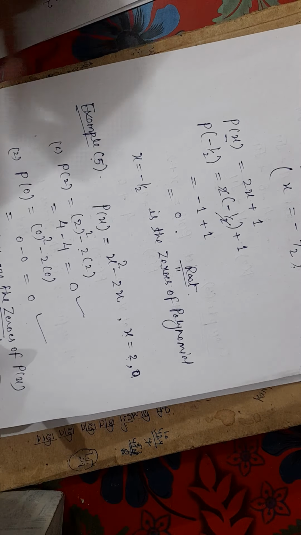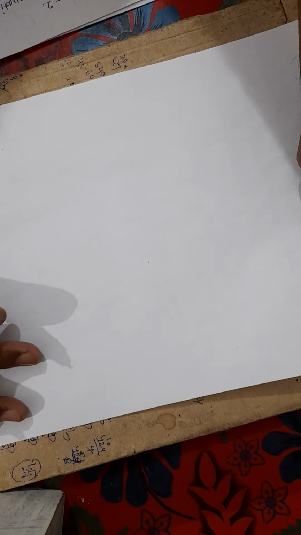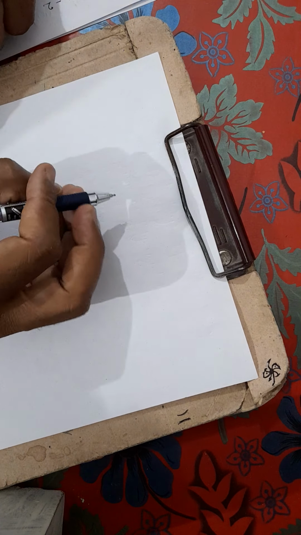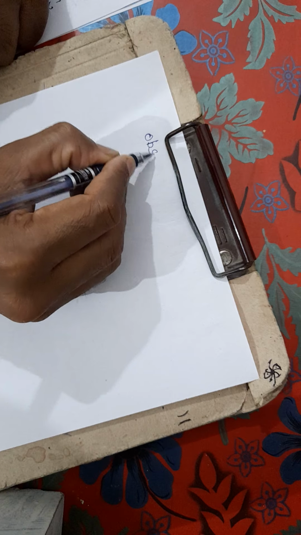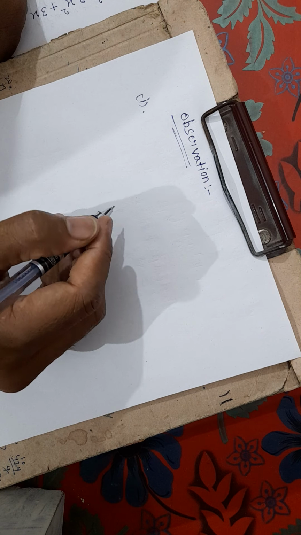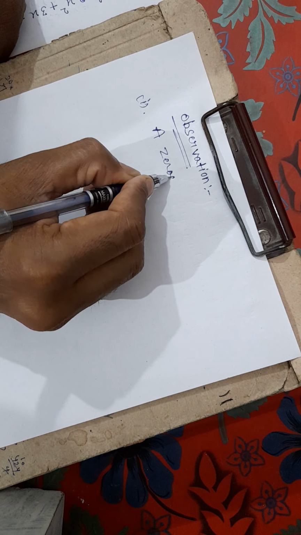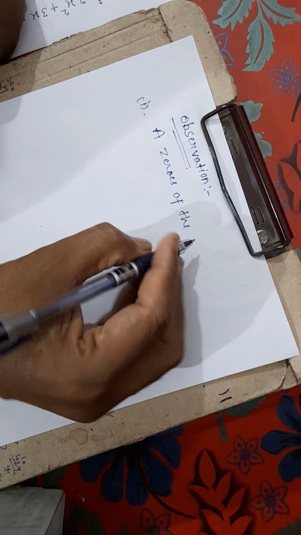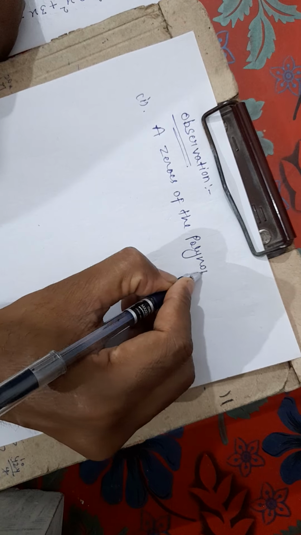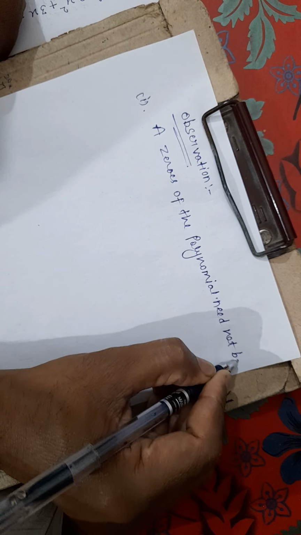So on the basis of this, we are going to make some observations. What are the observations? First, a zero of a polynomial need not be 0.